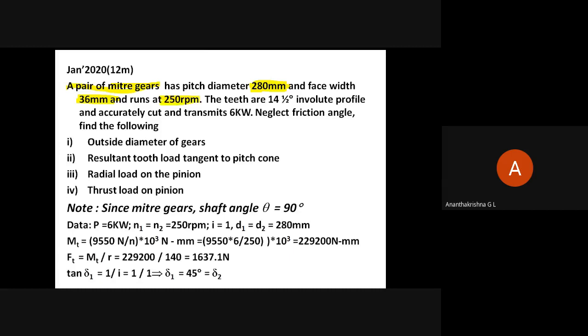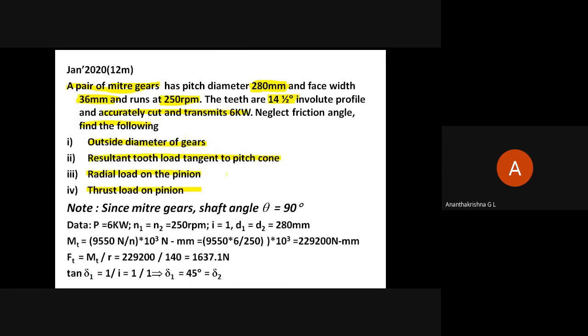The teeth are 14.5-degree involute profile and accurately cut, and transmit 6 kilowatt of power. Neglect friction angle and find the following: the outside diameter of gears, then resultant tooth load tangent to pitch cone, then radial load on pinion, thrust load on pinion.